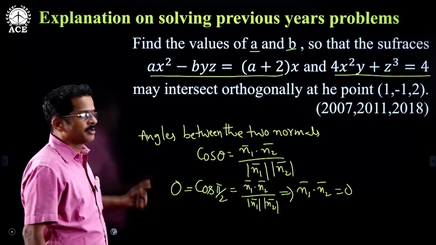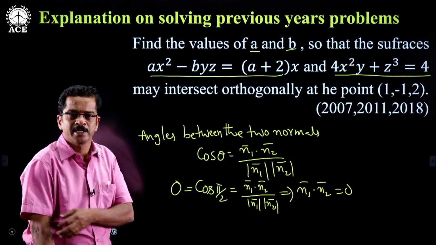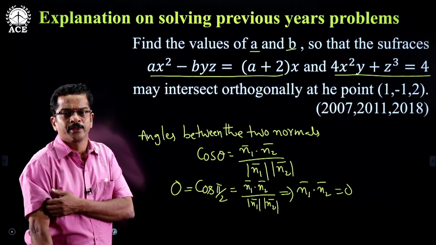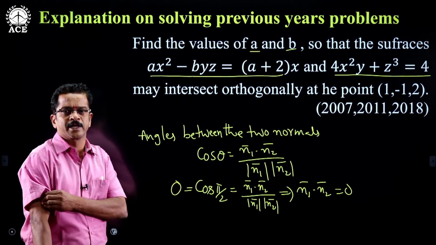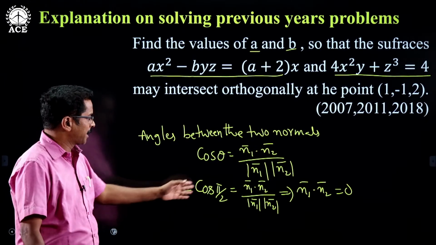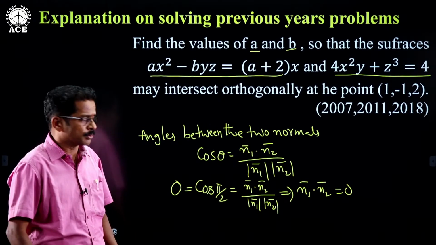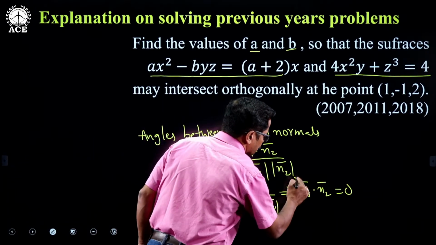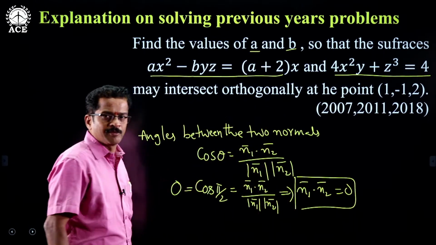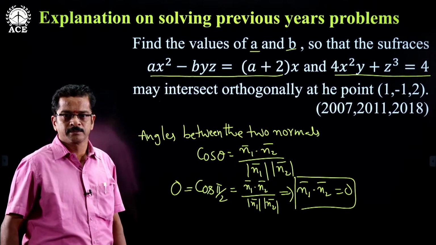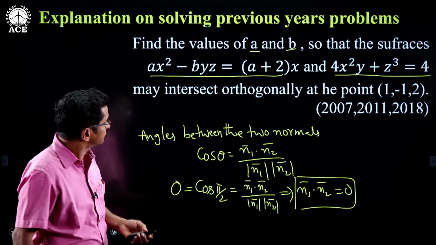If the angle between the two normals is 90 degrees, or the normals are intersecting orthogonally, then the condition is n1 bar dot n2 bar equals 0. This condition I will use to evaluate A and B, right?